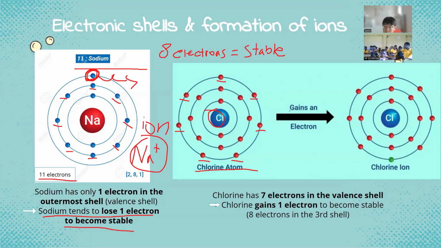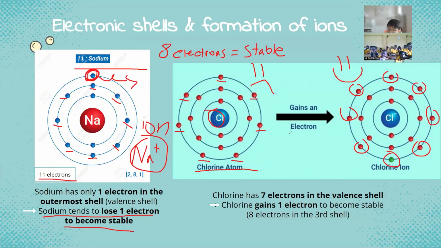So it wants to gain an electron to have 1, 2, 3, 4, 5, 6, 7, 8. Before, chlorine had only 7, so it was not happy. But since chlorine gained an electron, now it has 8.